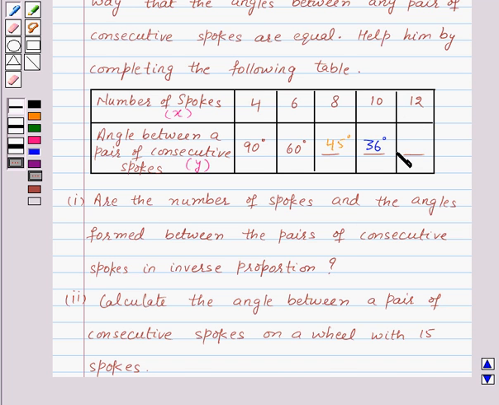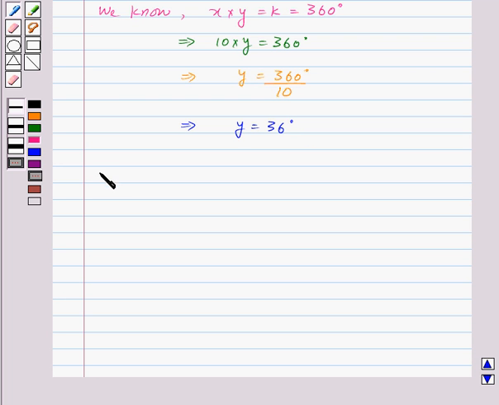Now in the third part, we are given number of spokes, that is x equal to 12, and we need to find y. Here x is equal to 12 and we need to find the value of y. And we know that x into y is equal to k, that is 360 degrees.